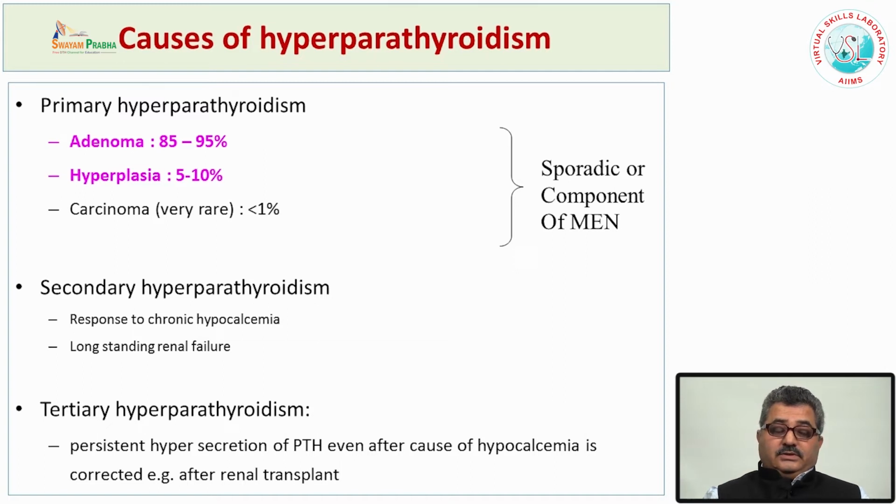There is a peculiar situation known as tertiary hyperparathyroidism, where despite the main etiological cause, for example the renal disease or the hypocalcemia, being corrected, one of the parathyroid glands becomes autonomous and continues to secrete parathyroid hormone, which causes symptoms.